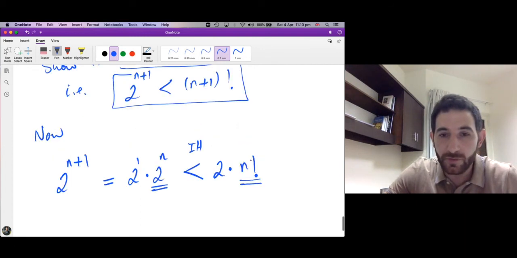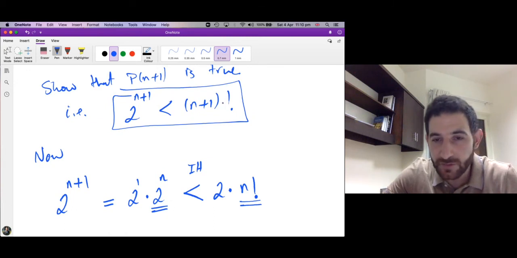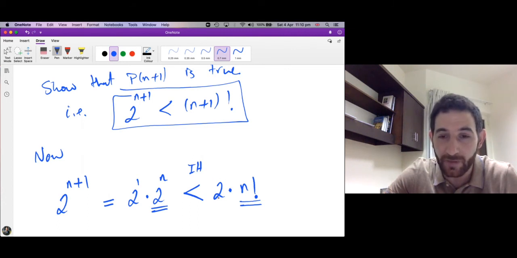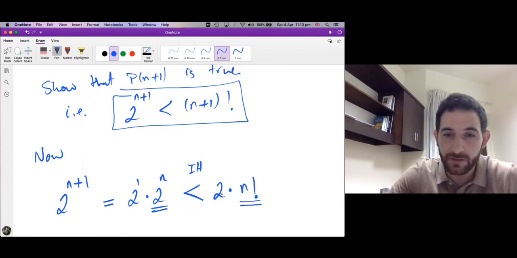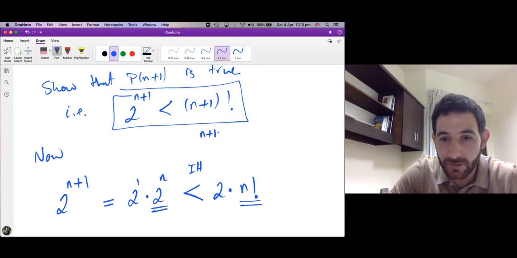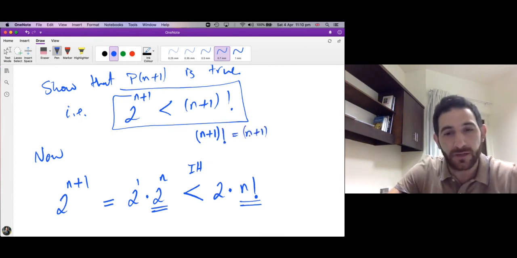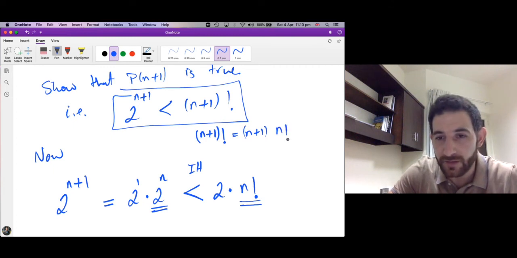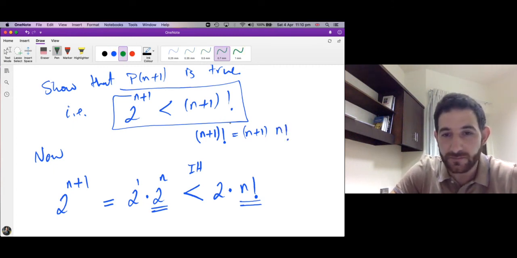Now look, what do we want? We want n plus 1 factorial. We have n factorial, so all that remains is to find some n plus 1 here, because I don't know if you remember that n plus 1 factorial is equal to n plus 1 times n factorial.